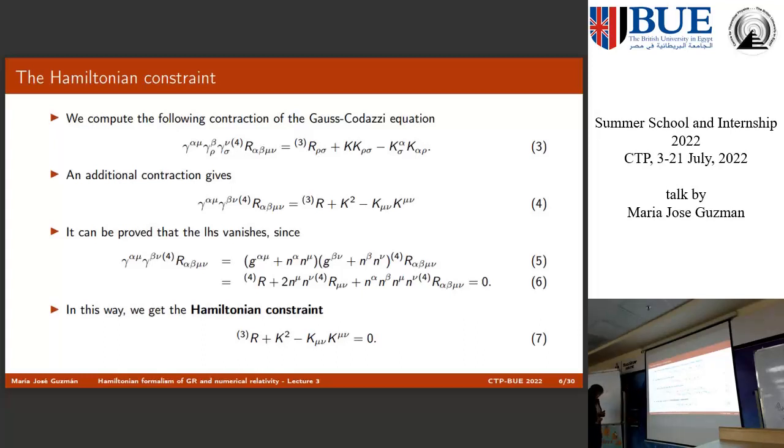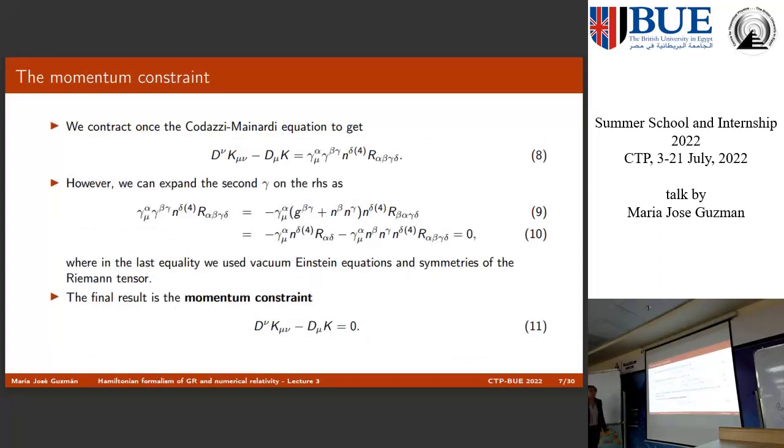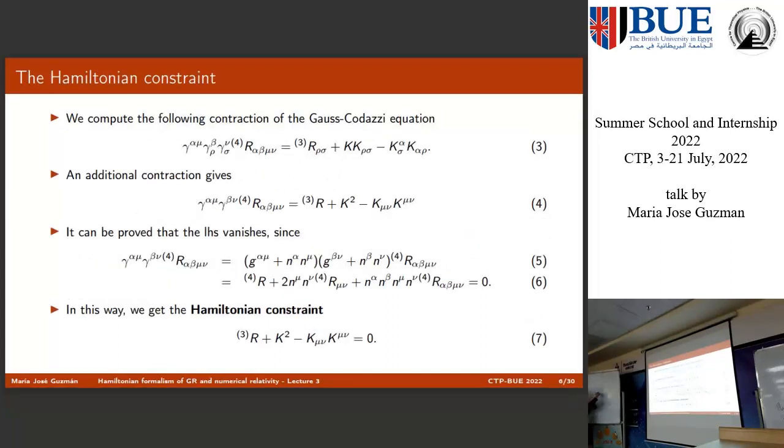So somehow this is something like getting the 3-dimensional Ricci scalar, and some terms that go quadratic in the K, but this K goes proportional to the time derivative of the intrinsic metric.